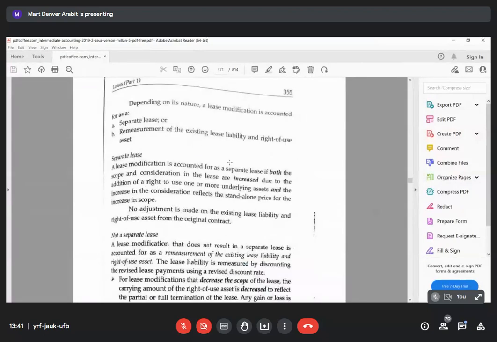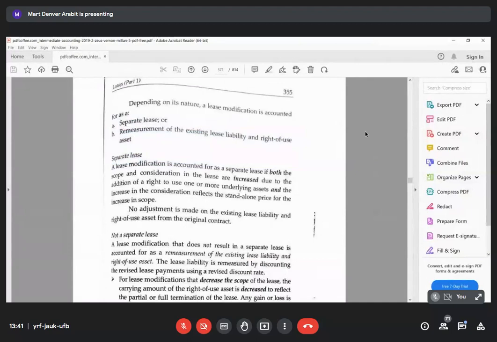Okay, so depending on the nature, a lease modification is accounted for as a separate lease or remeasurement of the existing lease liability and right of use asset. Okay, so let's start yung una. A separate lease.